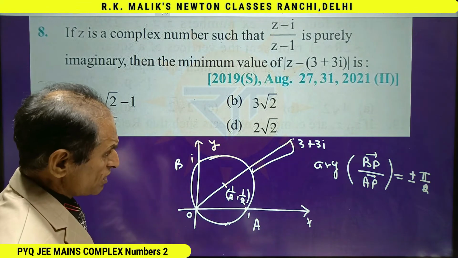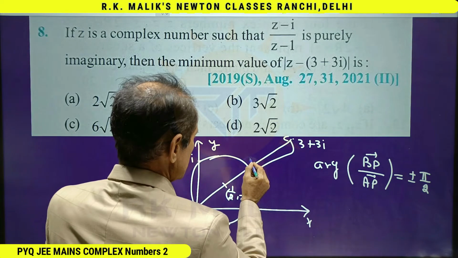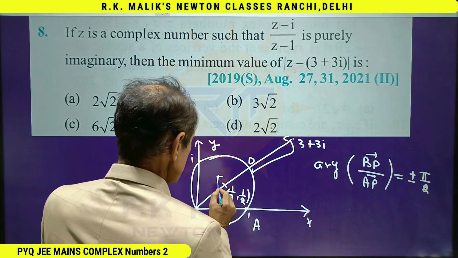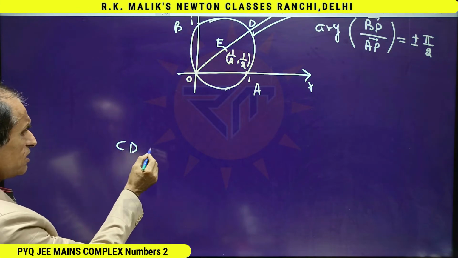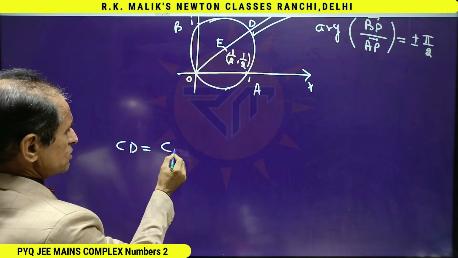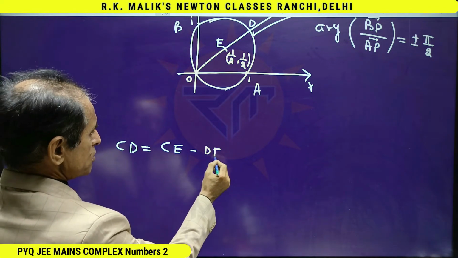And to find the distance now, let us name the points as C, D, E. Clearly CD equal to CE minus DE.